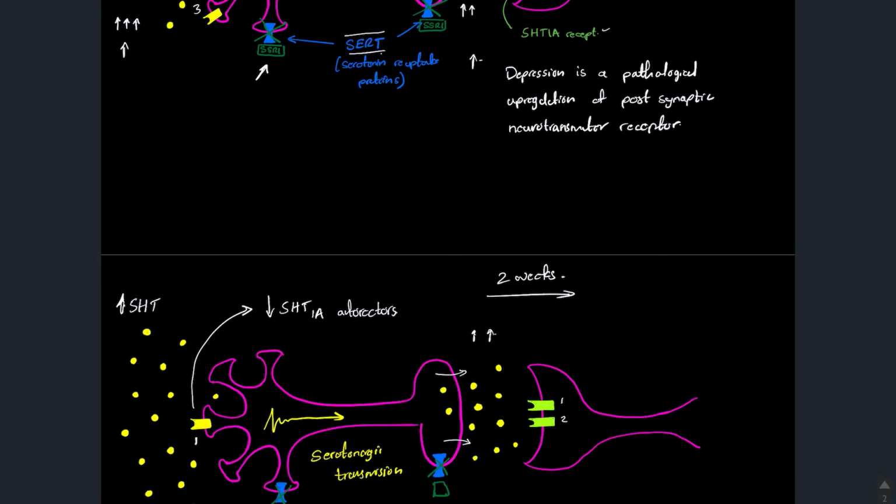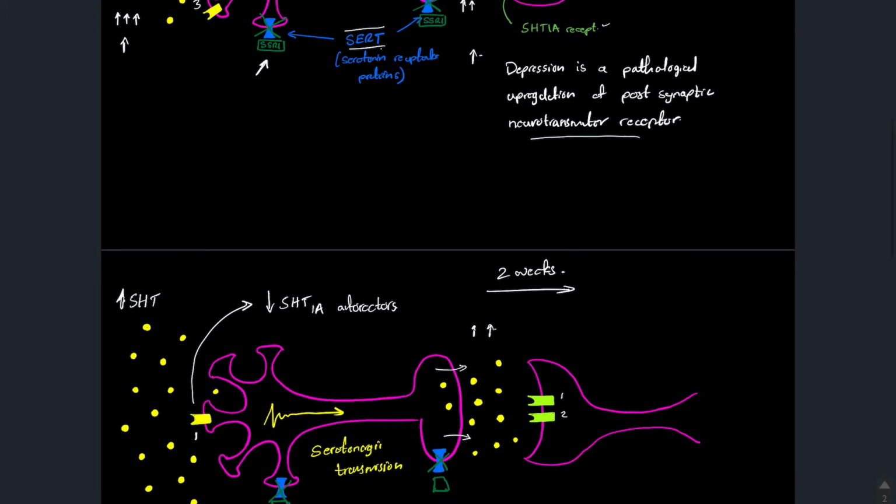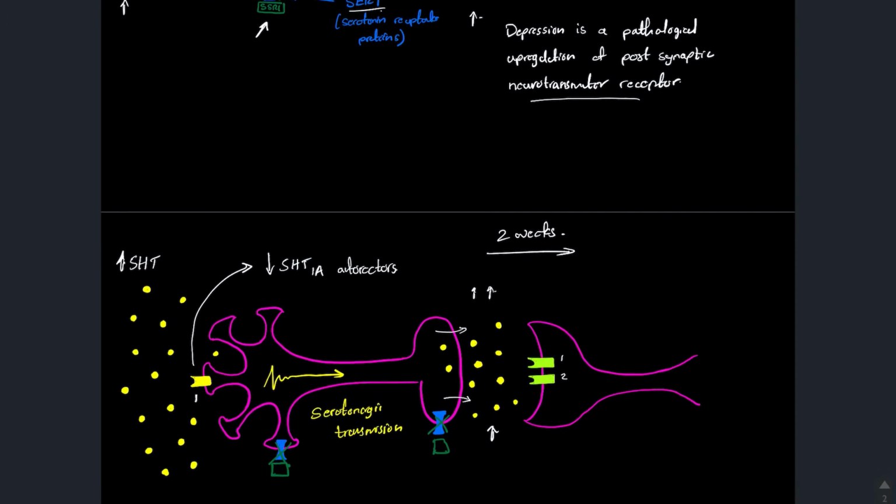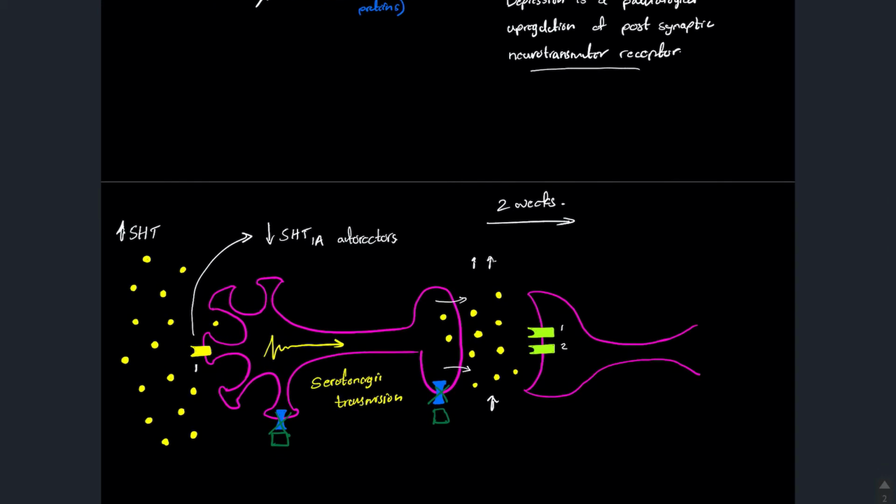And remember, we started off over here that depression is a pathological upregulation of postsynaptic neurotransmitter receptors. With the increase in serotonin, there is downregulation of these postsynaptic receptors. And once this balance is achieved, once there is increase in serotonin and decrease in the receptor density at the postsynaptic membrane, this is said to have beneficial effects on depression.